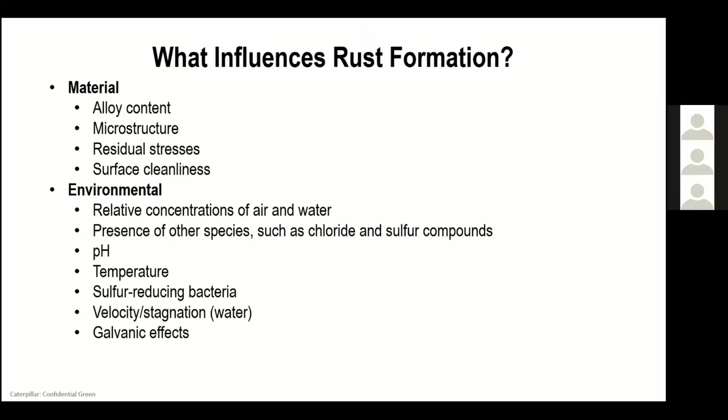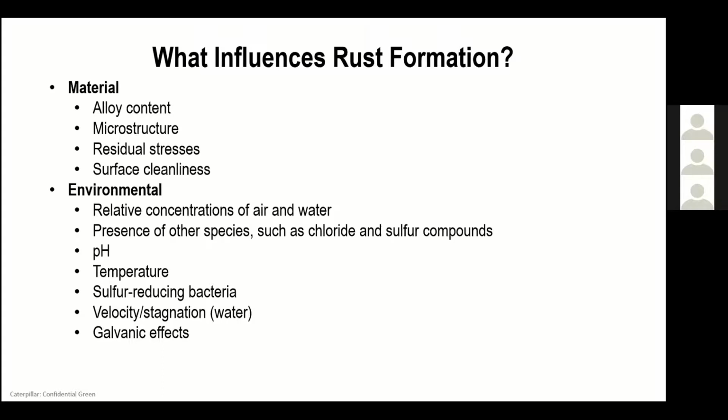But in most cases, when it comes to the consumer, people like ourselves, it's really the environment. So the relative concentrations of air and water, if it's acid rain, which was a big issue and is still talked about, it's picking up sulfur and chlorides that it comes in contact with. Maybe you're close to the ocean, so the condensation that forms near the ocean will have higher chlorides in that moisture in the air, and that's going to promote faster corrosion.